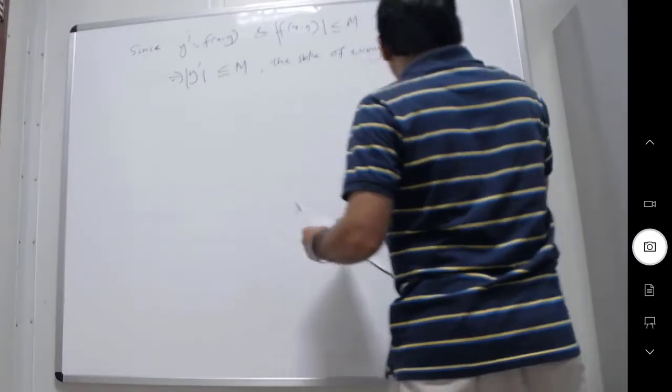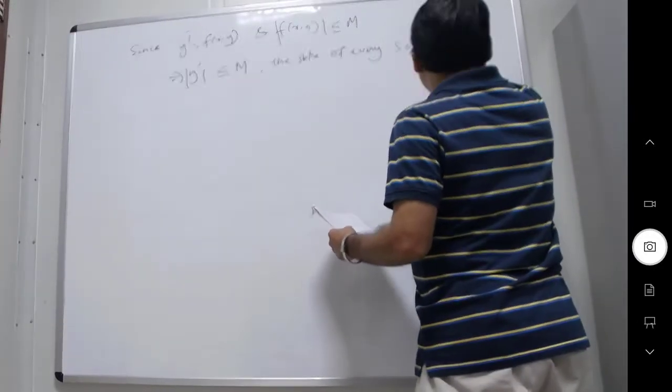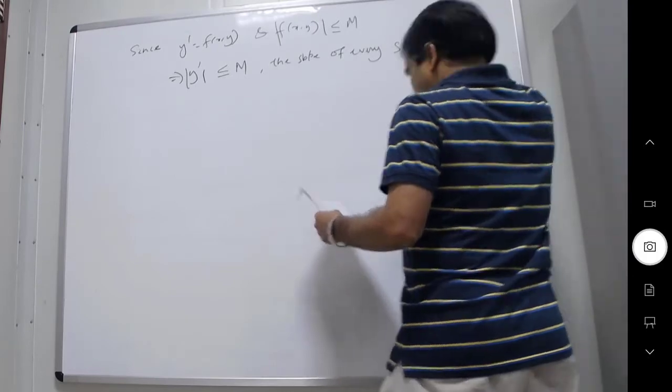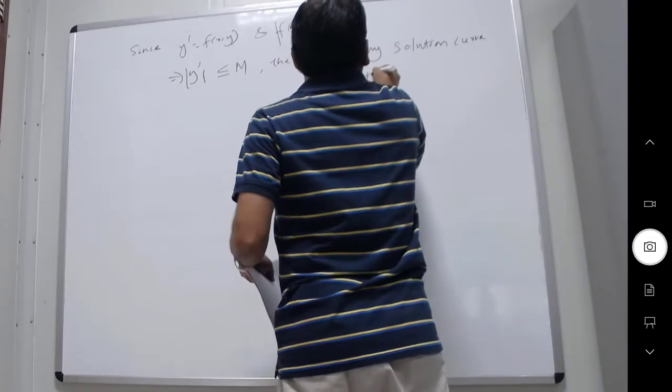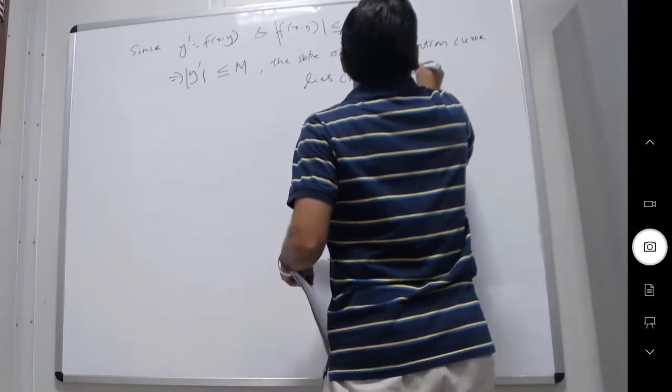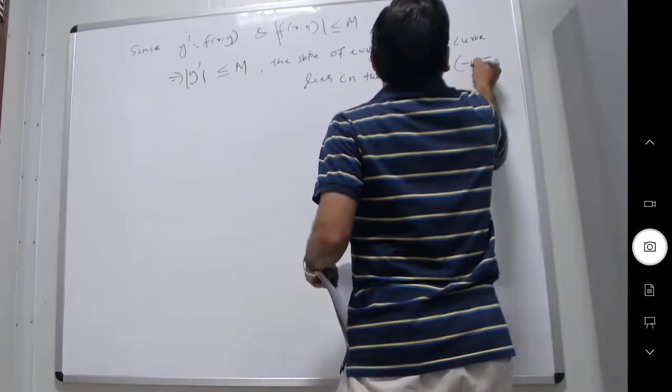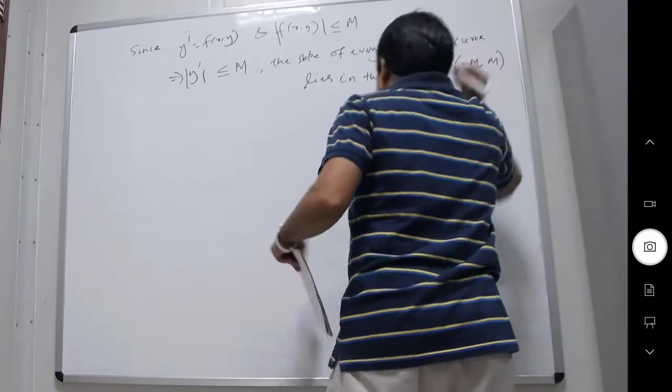So the slope of every solution curve lies in the interval minus M to M, right?